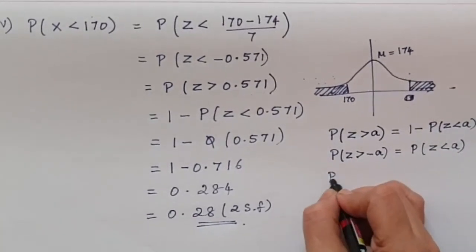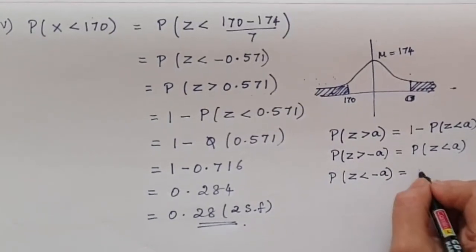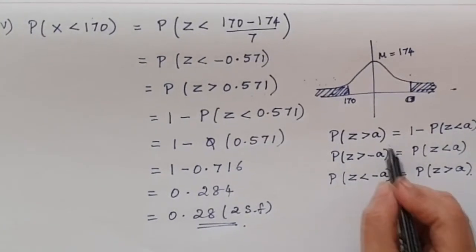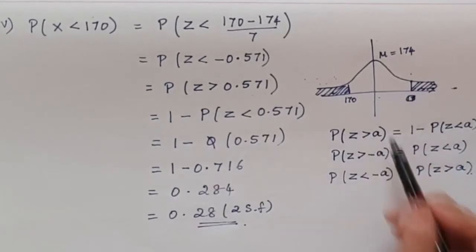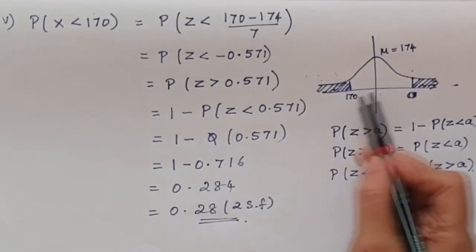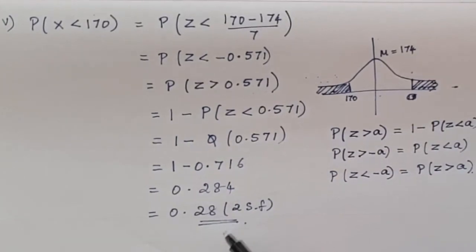And if the probability of z is less than negative a, we can write it as the probability of z greater than a. All this comes out only because of this curve. If you remember this, there is no need to draw the curve; you can directly write your answers. Thank you.